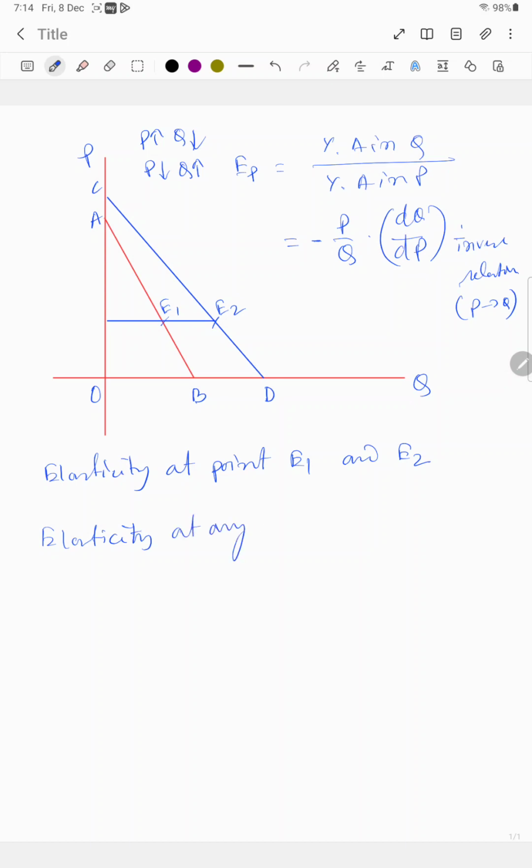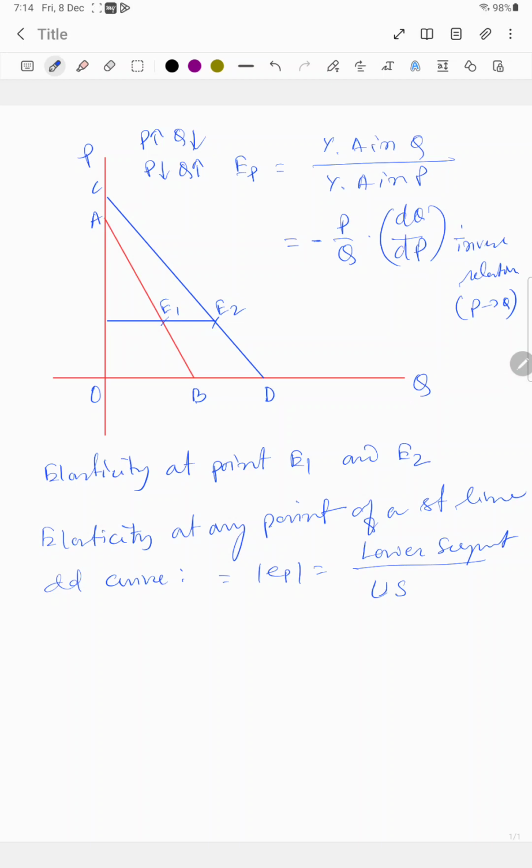At any point of a straight line demand curve, EP is equal to lower segment by upper segment.